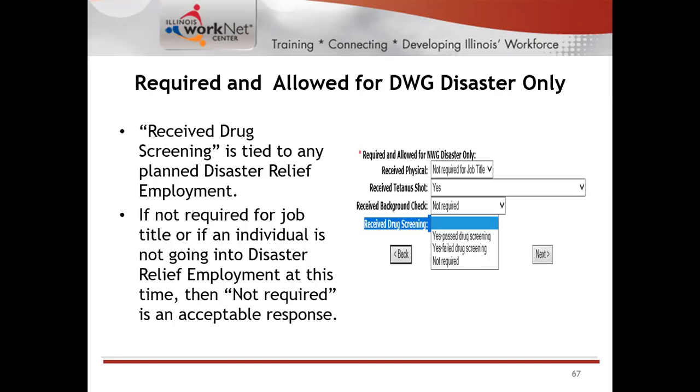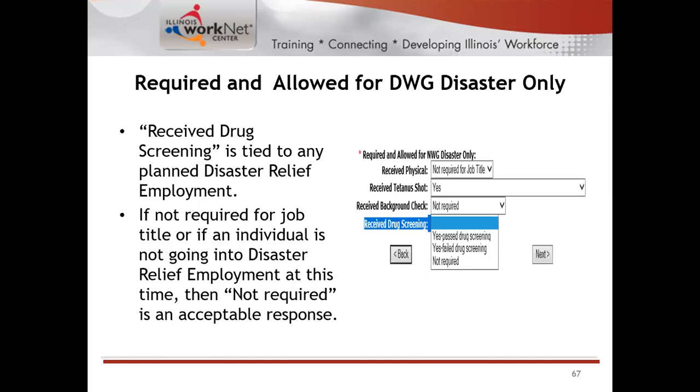So if you are putting somebody in disaster relief employment and a background check is required or a physical is required, then you would need to be indicating that here. It's understood that sometimes that delays this process in terms of making someone eligible.